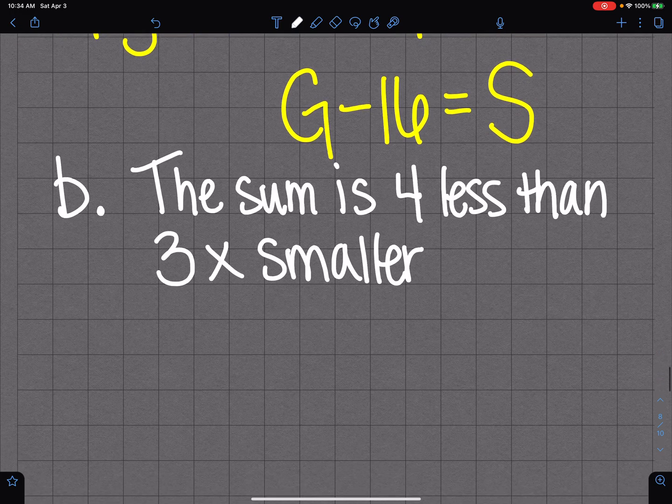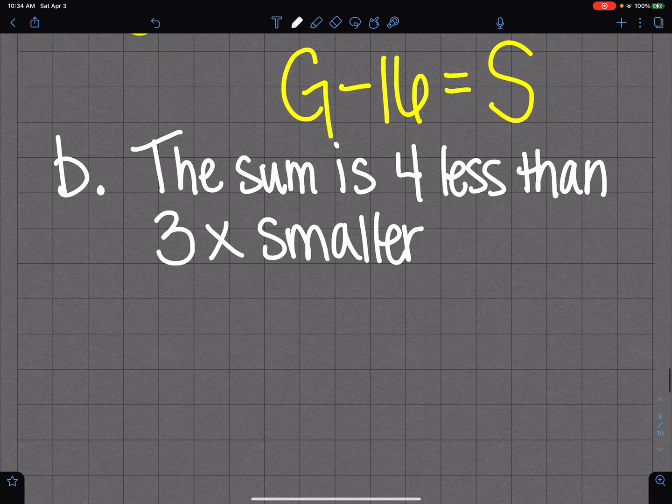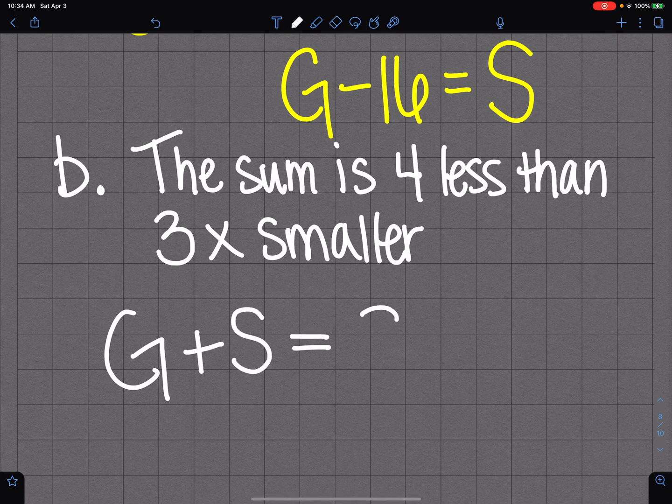Okay, so let's write something that is wrong. The sum, G plus S, is equal to 3 times the smaller.